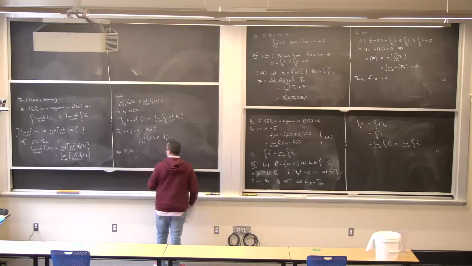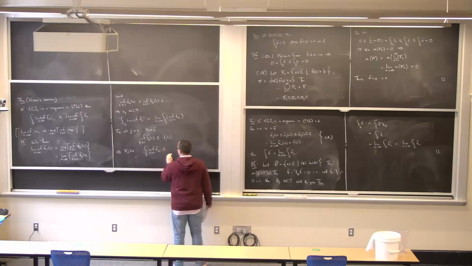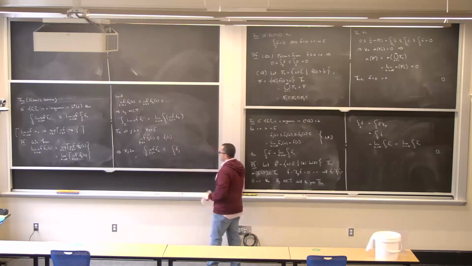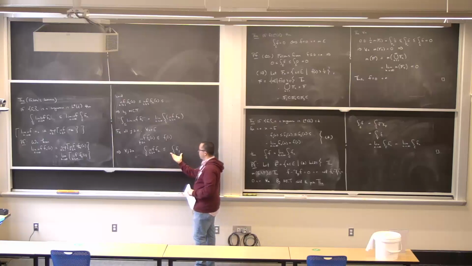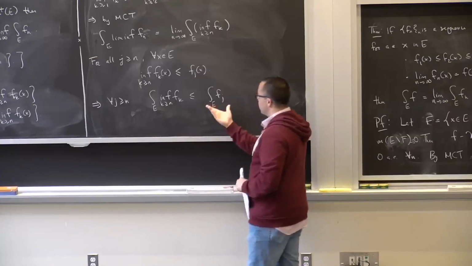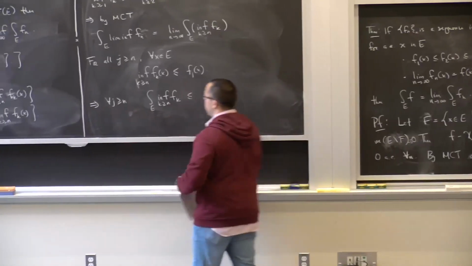And therefore, since this function sits below this function, I have for all j bigger than or equal to n, the integral over E of the inf of f_k is less than or equal to the integral of f_j. So this number sits below this number for all j. This is a fixed number depending on n, and this is a fixed number depending on j, and this holds for all j bigger than or equal to n.